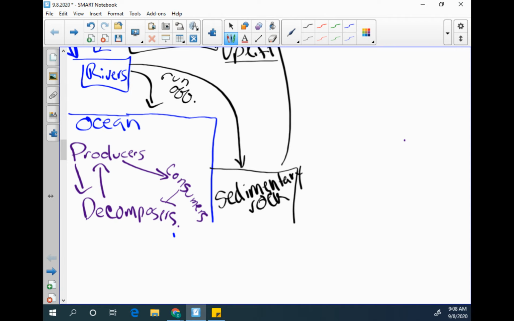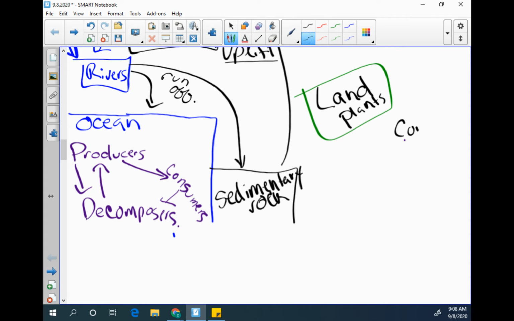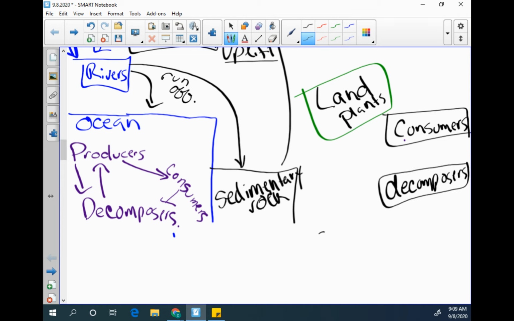A very, very similar process happens on land, where we have land producers. So we'll just do land plants. We have our consumers, our decomposers, and our soil.